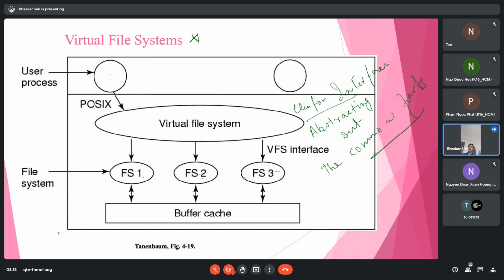Okay, so that is what it all comes down to. That is what we call virtual file system.